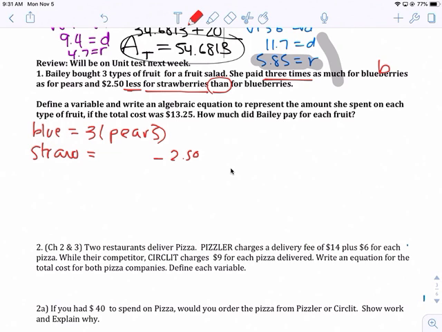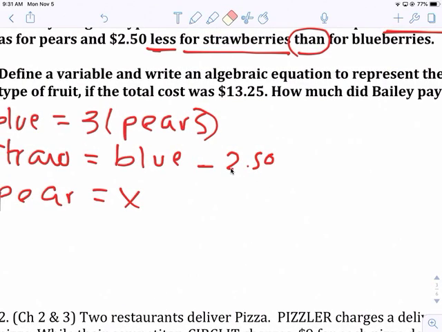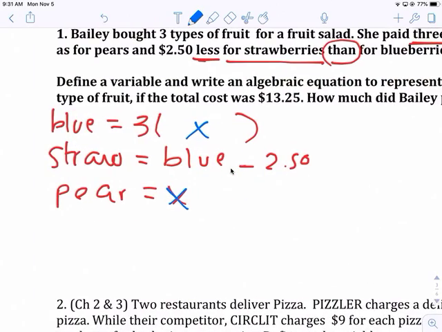The only thing we don't know is the pear, so we give X for pears. Any word you see pear, put an X in there. X represents the pear. So blueberries is 3X, not BX.